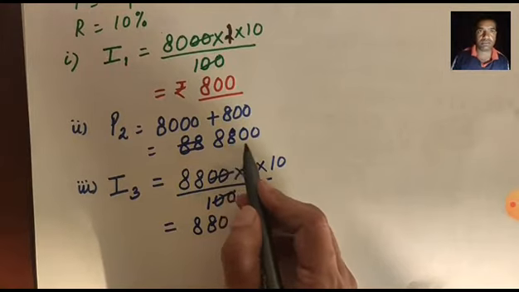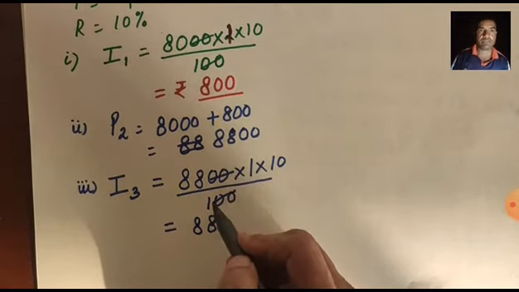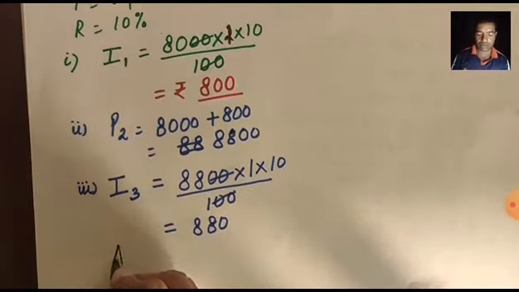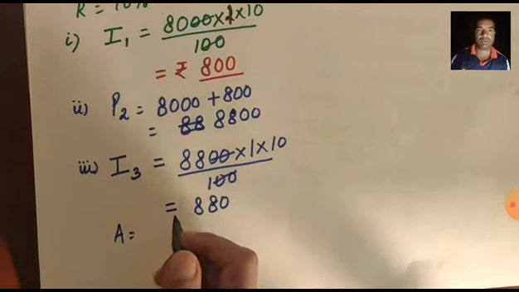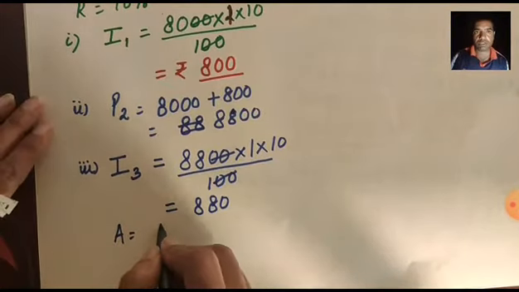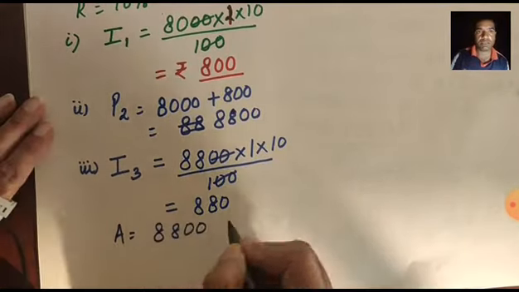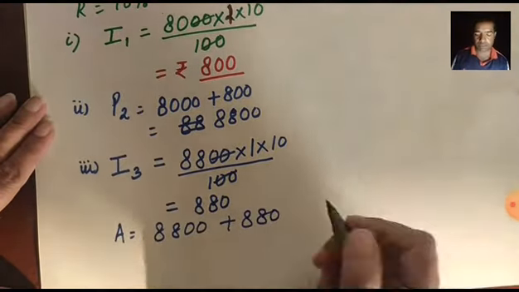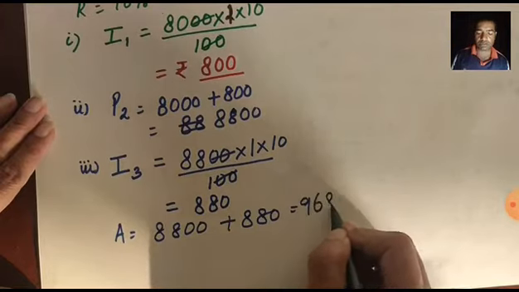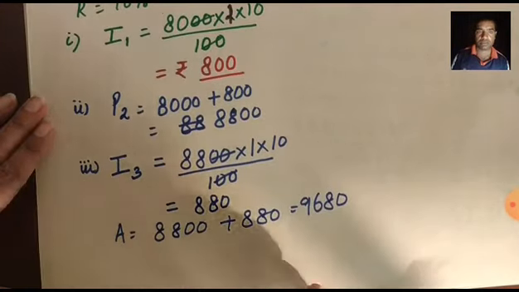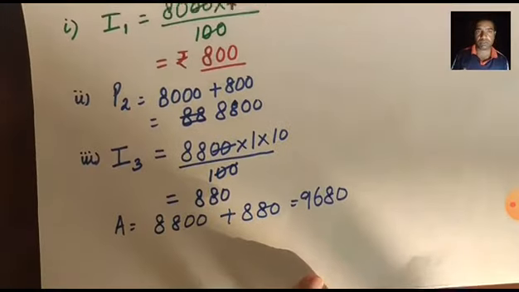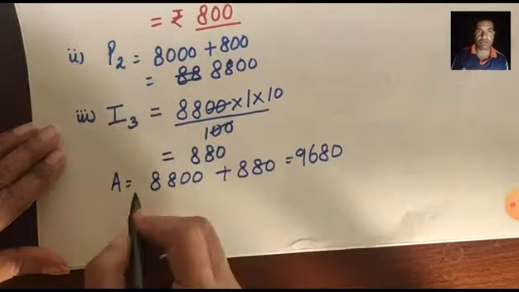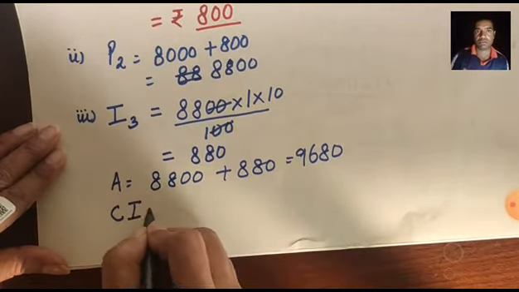Now when we add this 880 to the 8,800, we get the amount at the end of the second year, which will be 9,680.